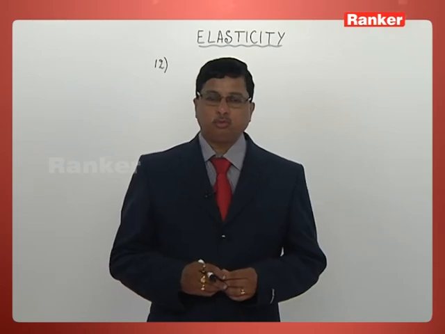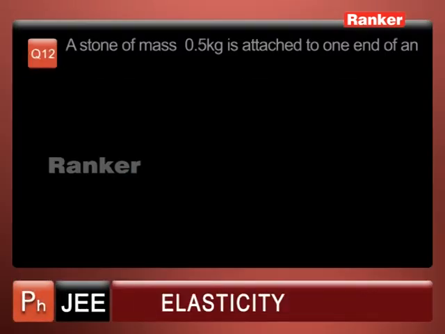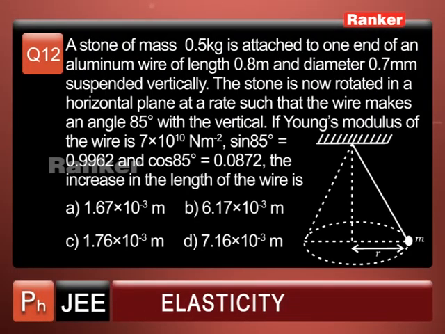Let us switch over to problem number 12. A stone of mass 0.5 kg is attached to one end of an aluminium wire of length 0.8 meter and diameter 0.7 millimeter suspended vertically.